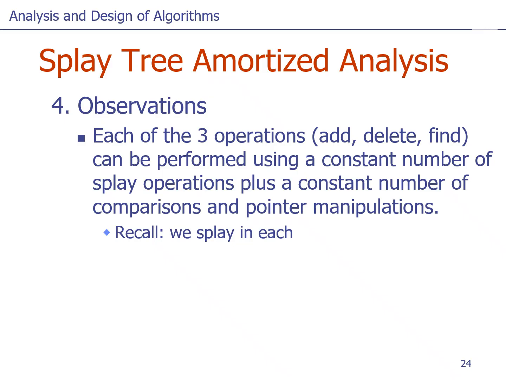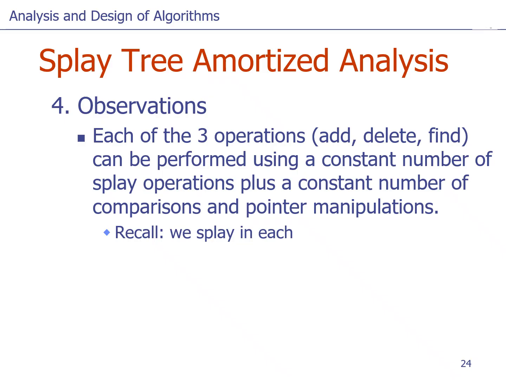So basically, as an example, if you think of splaying the 14, whether I was adding the 14, deleting the 14, or finding the 14, the number of splay operations are all very close, okay?